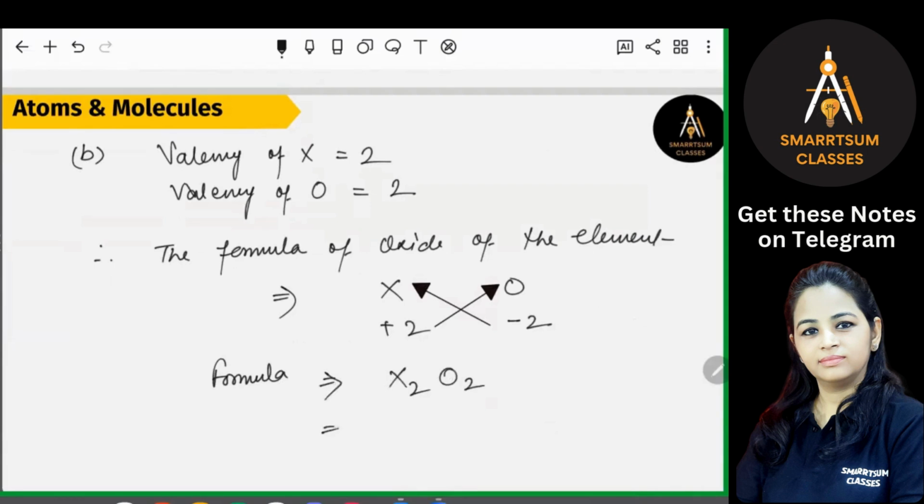Now, since both the valencies have a common factor 2, the formula can be written in simplified form. So we can simply divide both of them by 2. So we'll get XO. So whether this or this, both are correct, but we generally write it this way when the valencies have a common factor. Okay. So the formula of the compound is XO, and this is the answer. Is that clear? Yes, sir.